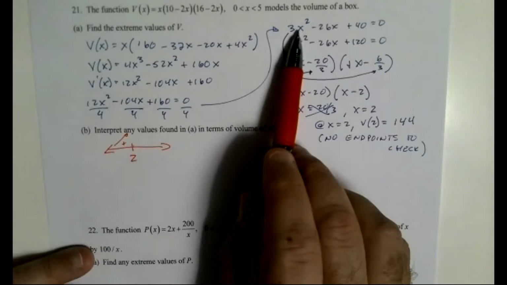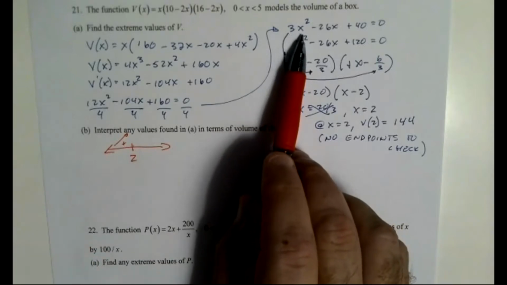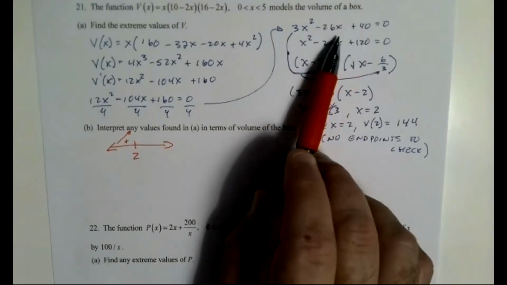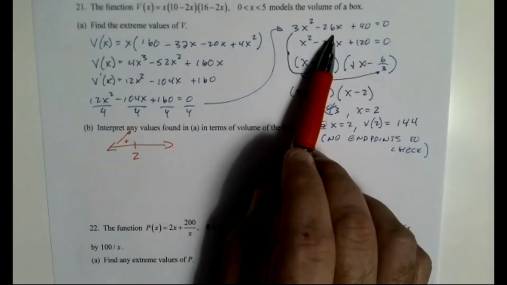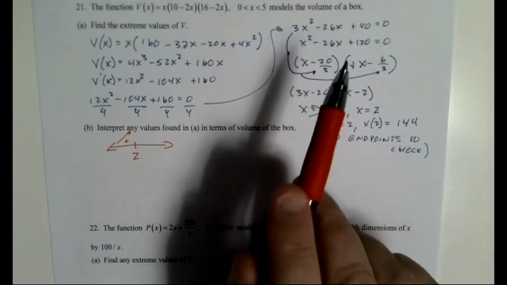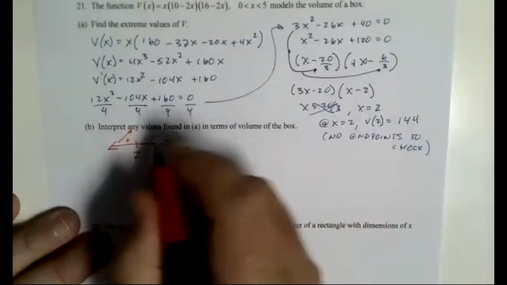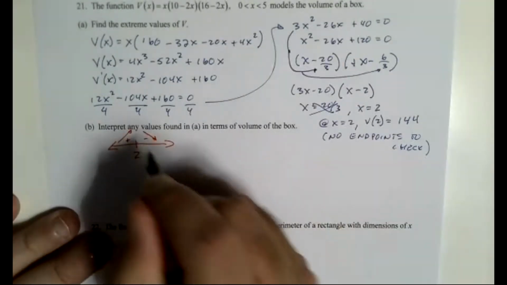Plug in 3. 9 times 3 is 27. Plus 40 is 67. 3 times 26 is bigger than that. 78 minus 67. So that is negative 78. So that's a negative.